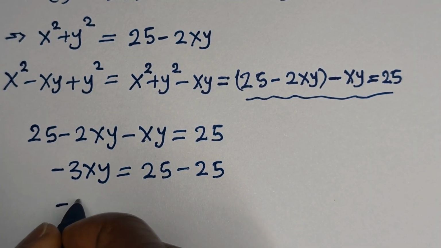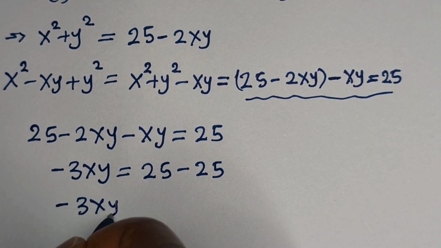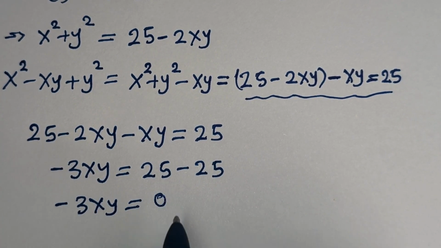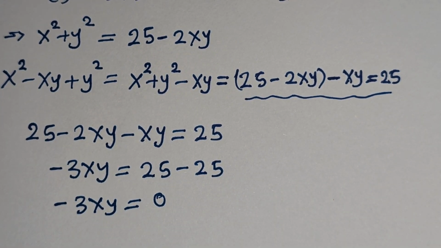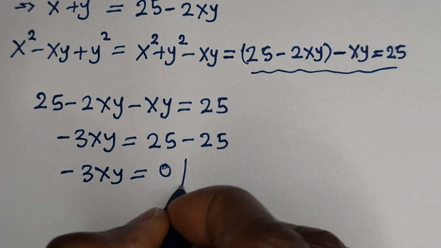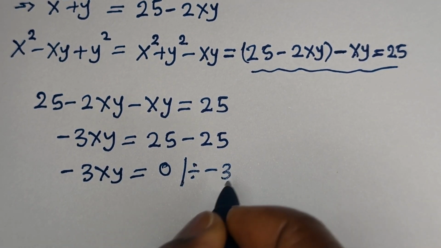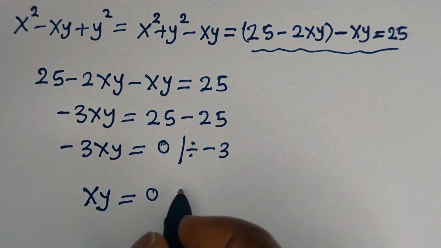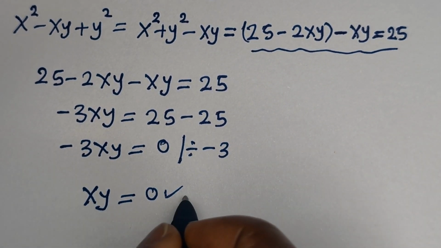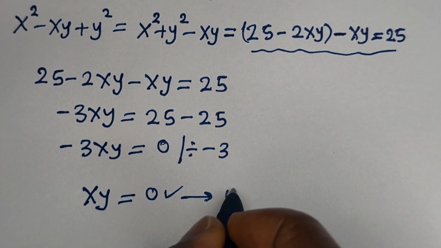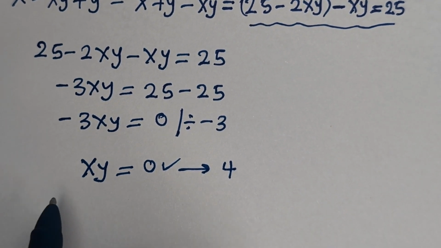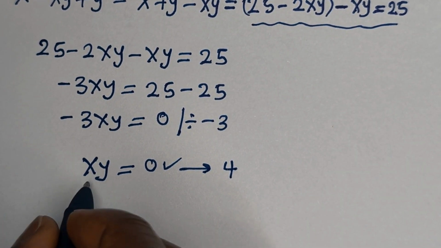Now minus 3xy is equal to 0. So if we divide both sides of this equation by minus 3, then xy is equal to 0. Let's call this equation 4. Now we need to solve both equation 1 and equation 4 together.